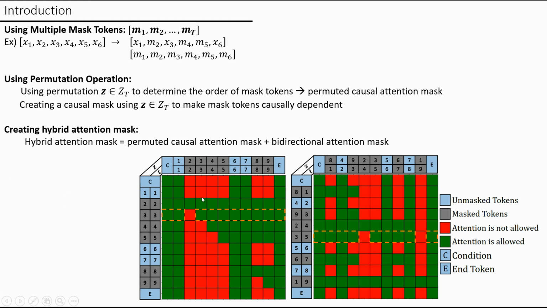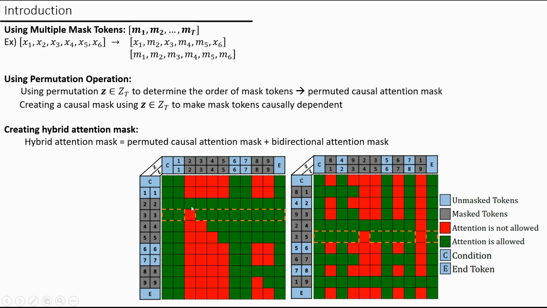Here we show two different hybrid attention masks. Here Z represents the random ordering that we sampled, and T represents time steps. C is our condition, for example, the text embedding, and E is the end token. The blue colors represent the unmasked tokens, and the gray color represents the masked tokens.